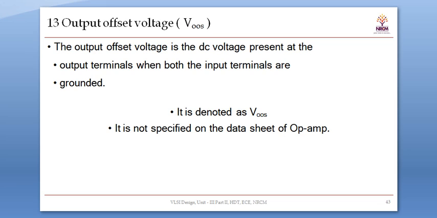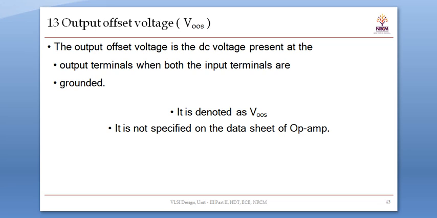The next electrical parameter or characteristic of op-amp is gain bandwidth product. Gain bandwidth product is the bandwidth of op-amp when the voltage gain is 1. In general for 741, the gain bandwidth product is 1 megahertz. For newer op-amps, a gain bandwidth product of 4 megahertz is also available in the market. In general gain bandwidth product is a constant.